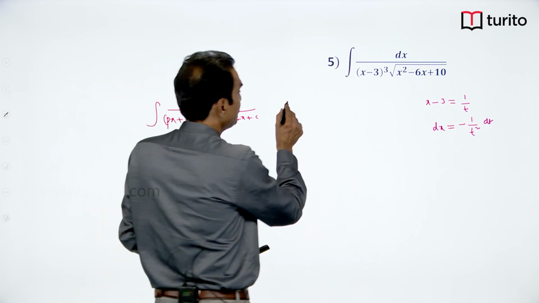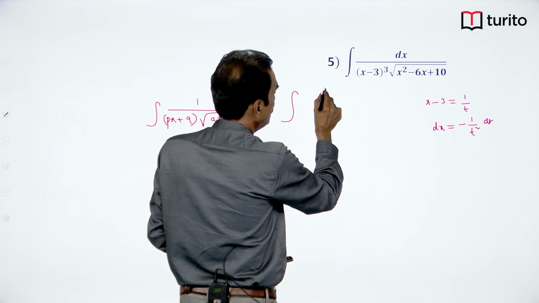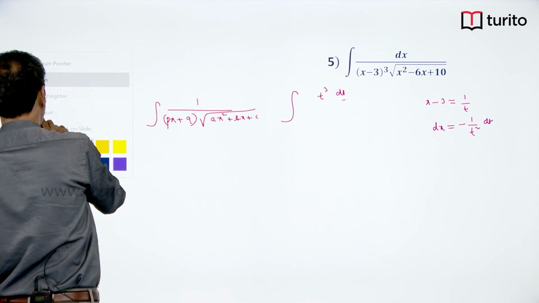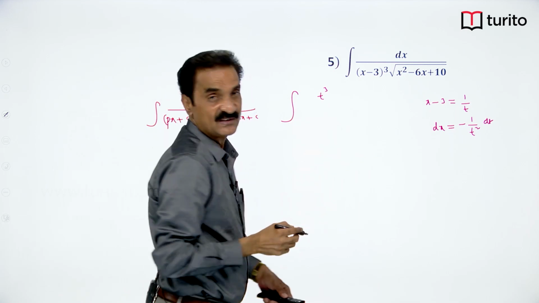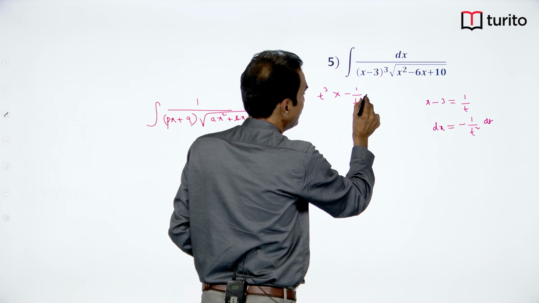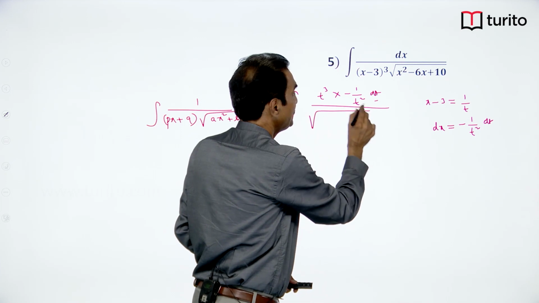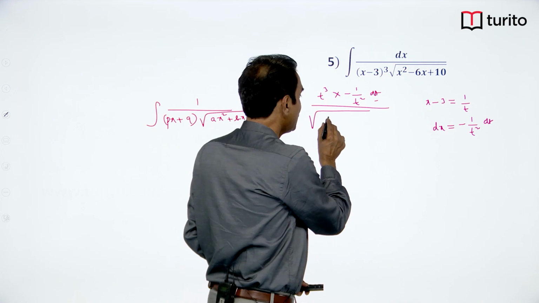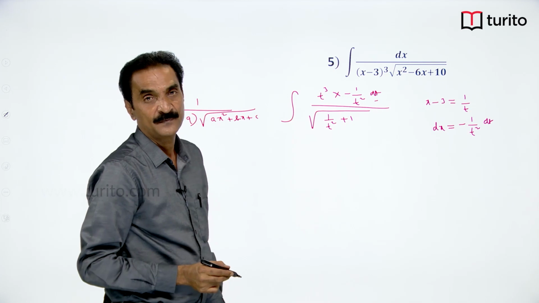Then what you will get? 1 by (x minus 3) whole cube is t cube into dx. dx is minus 1 by t square dt by root over, this is (x minus 3) whole cube whole square plus 1 now. (x minus 3) whole square plus 1 means 1 by t square plus 1.